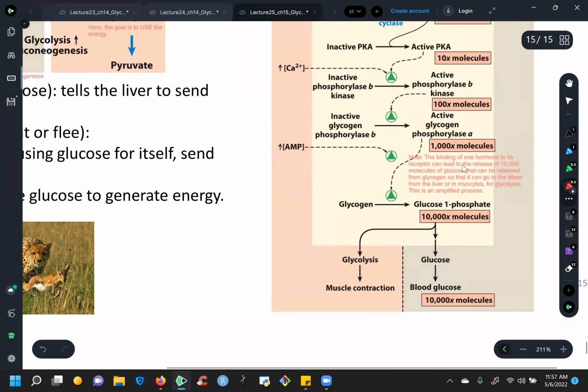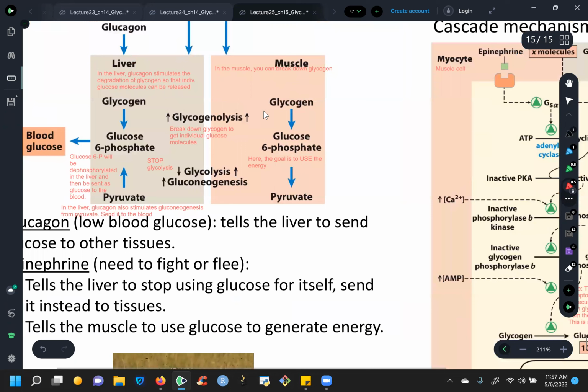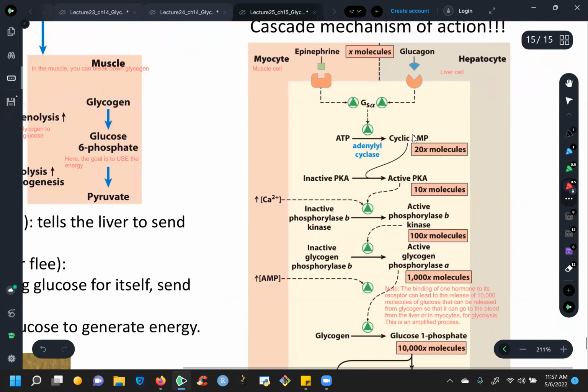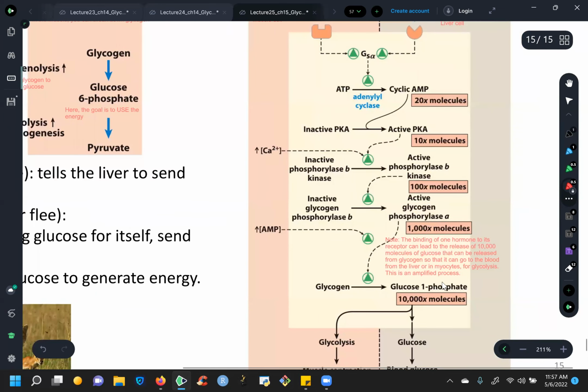So that's really interesting. Remember that one glycogen has about 50,000 glucose monomers. And when one hormone binds, you can release 10,000 of those glucose monomers from glycogen.